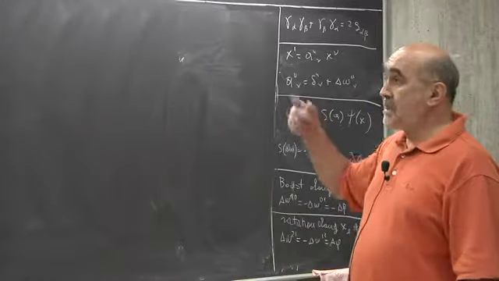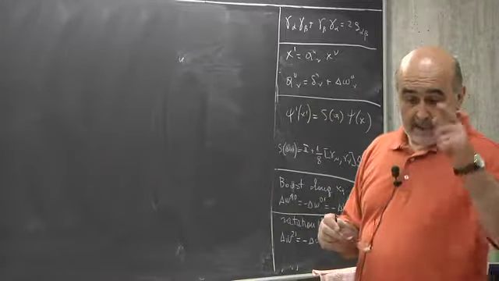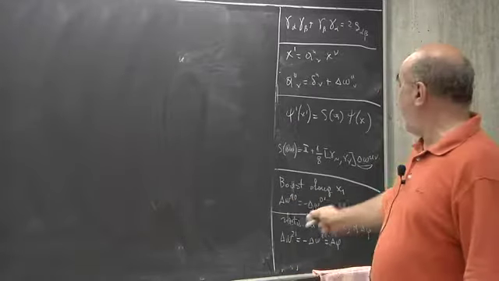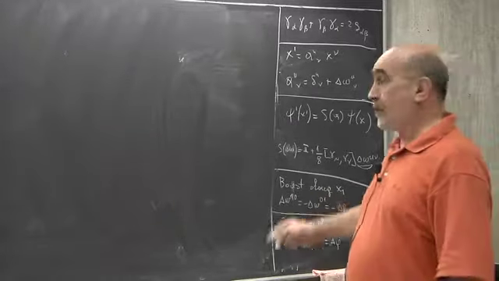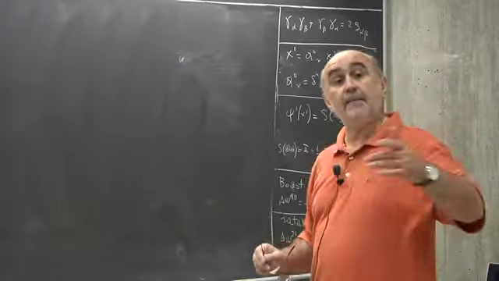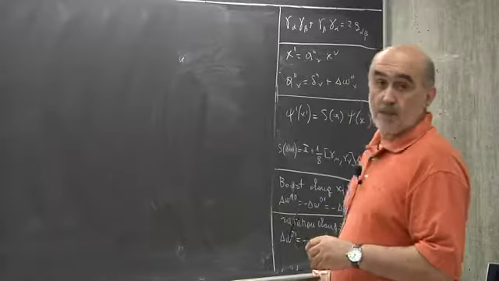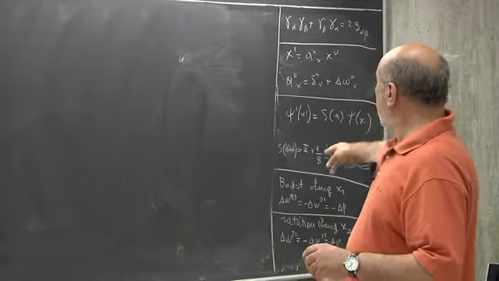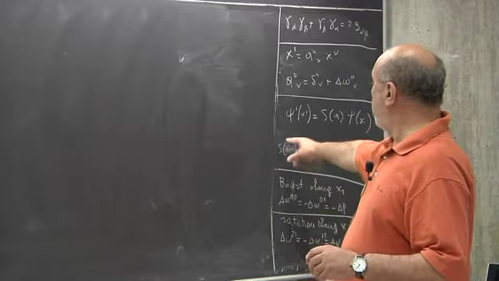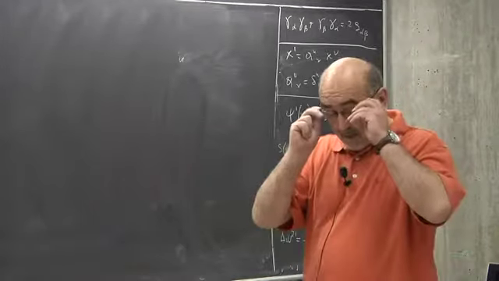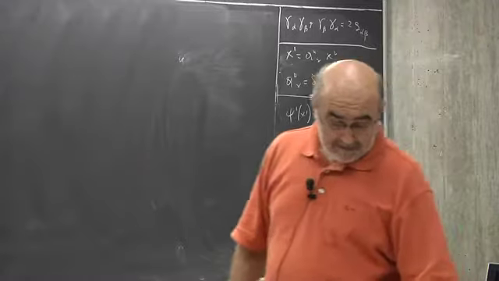Using this kind of identity, we found that the finite transformation for a boost is the usual cosh, sinh. We can do the same for this one. Now I want to do the finite transformation also for S.